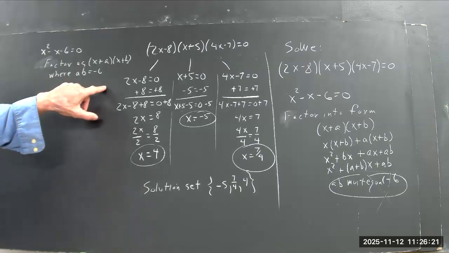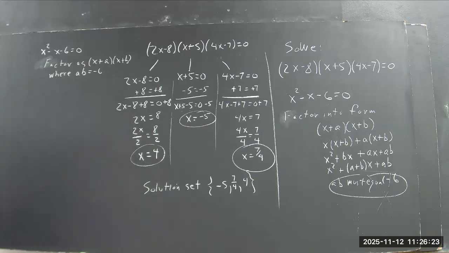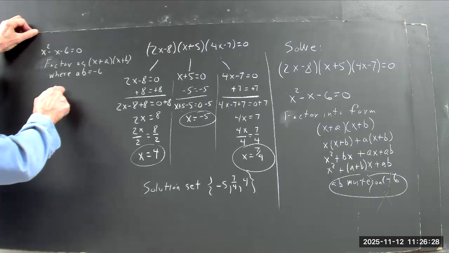What are numbers that multiply out to -6? Well, you can easily list all possible numbers that multiply out to -6.